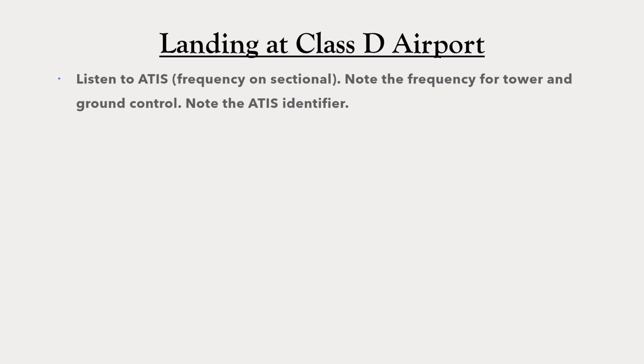It'll tell you which runway they're using, wind information, the information that you need to know when you're coming into the airport that would change sometimes. At the end of the ATIS broadcast, it cycles every few minutes, and they'll give you a letter as the identifier for that piece of information.